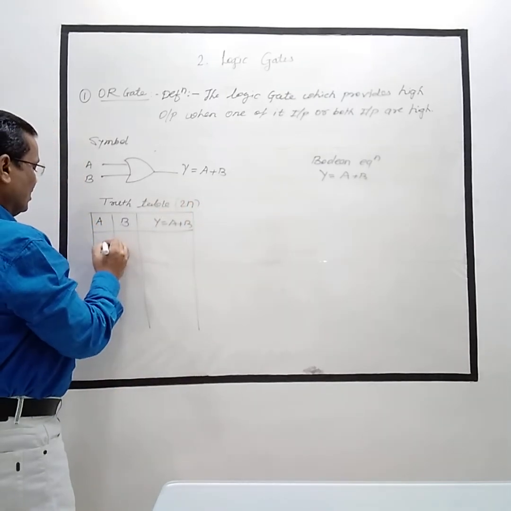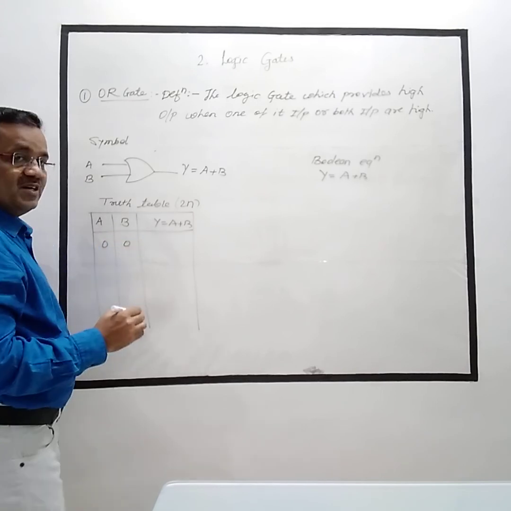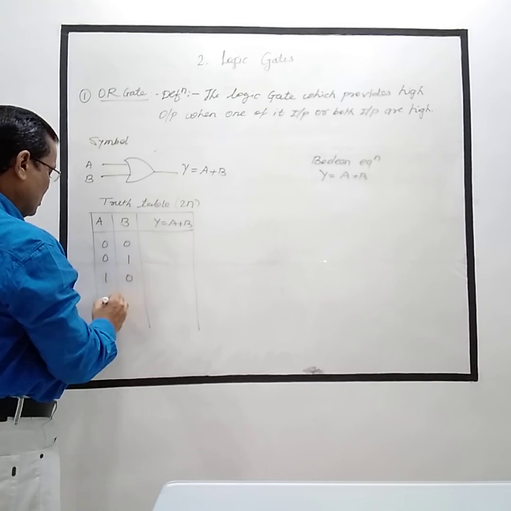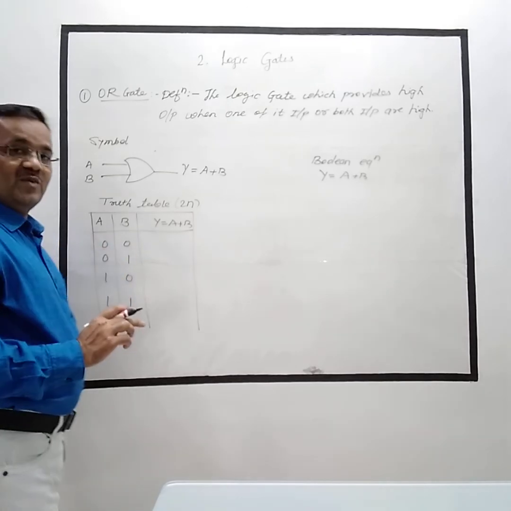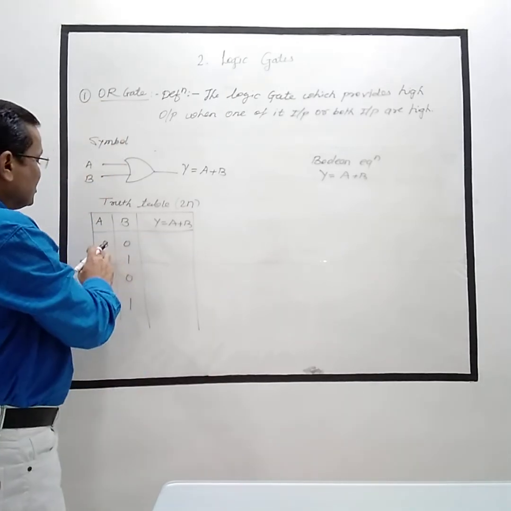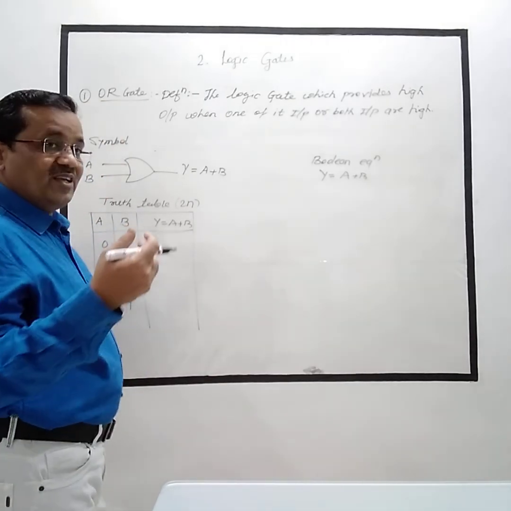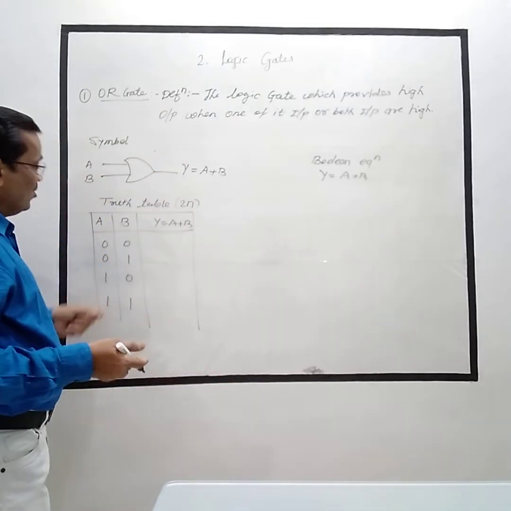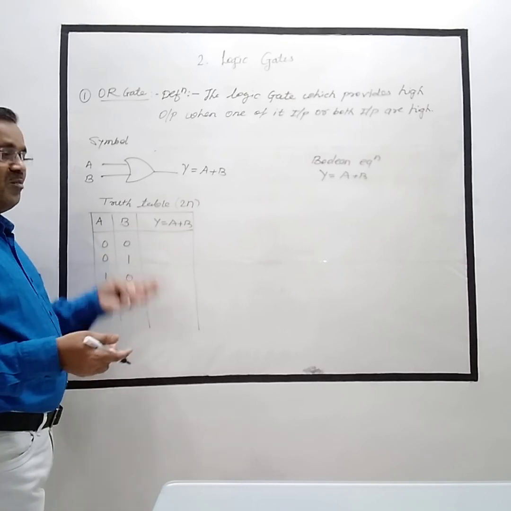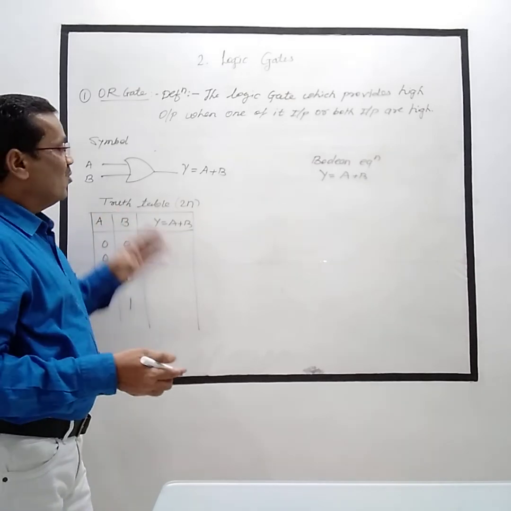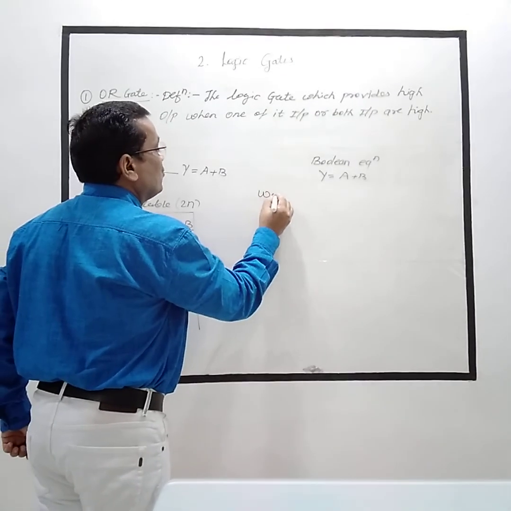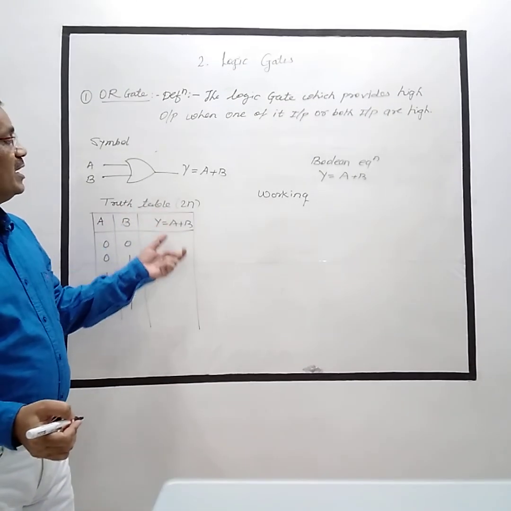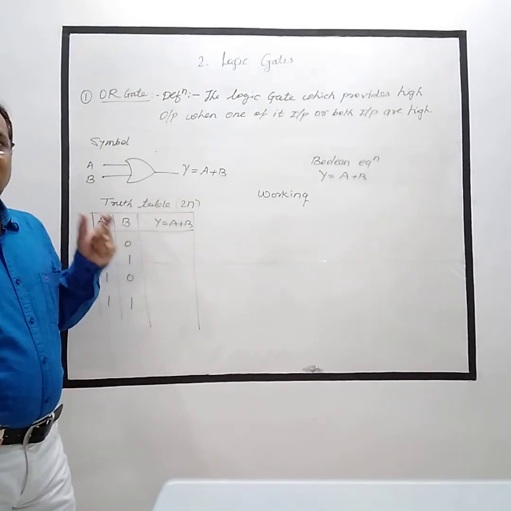So 0 0, this is the first condition, 0 1, 1 0 and 1 1. These are the four possible combinations. For these input combinations, what output is to be produced by this OR gate? Now we discuss these four combinations, that is, how the OR gate works for different input combinations.